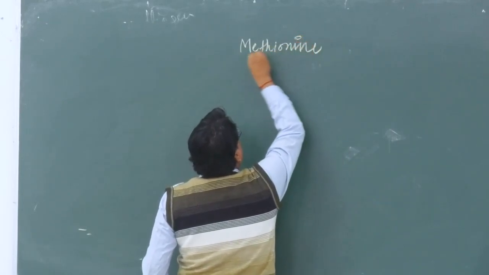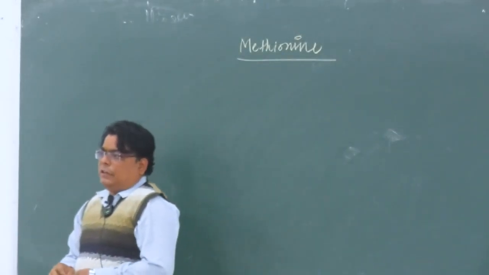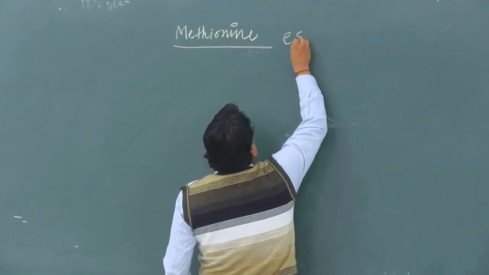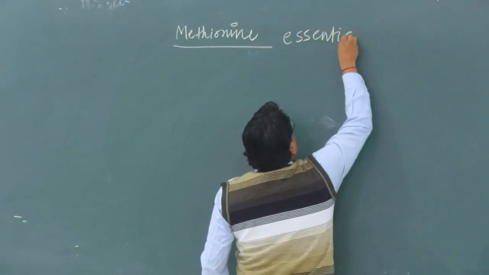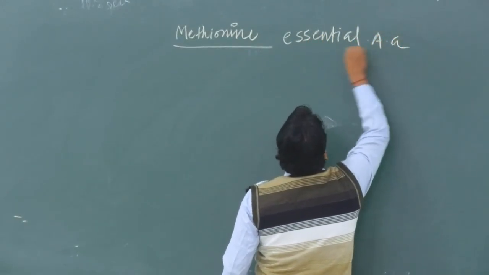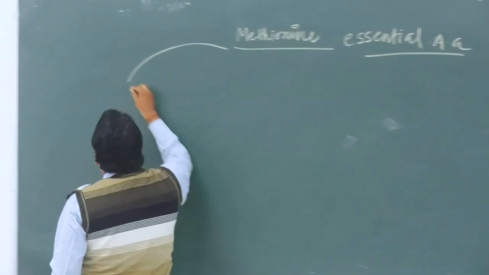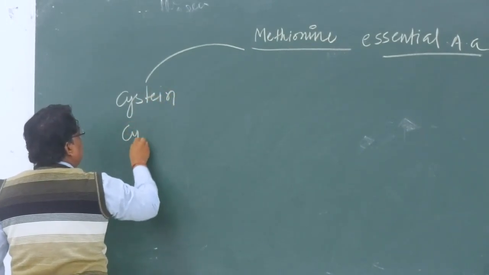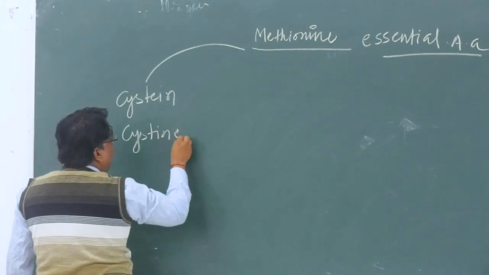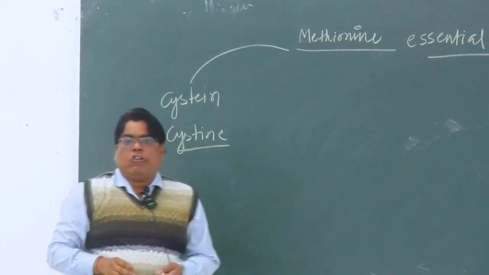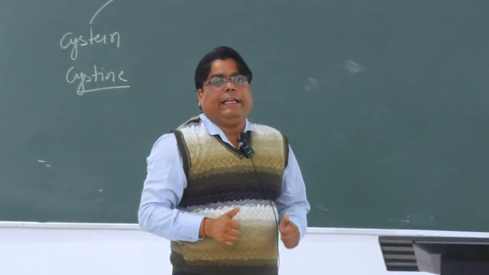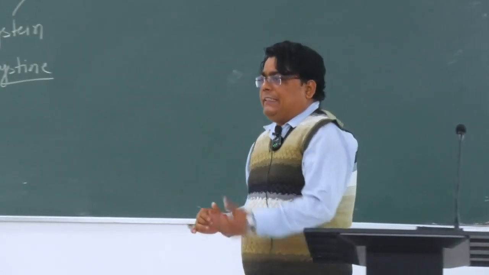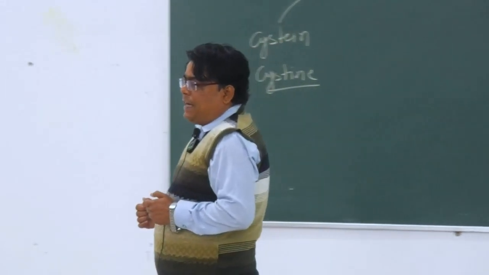Methionine, a sulfur containing amino acid, is an essential amino acid. The other ones are cysteine and cystine. So these are sulfur containing amino acids, which means they carry sulfur in their structure.